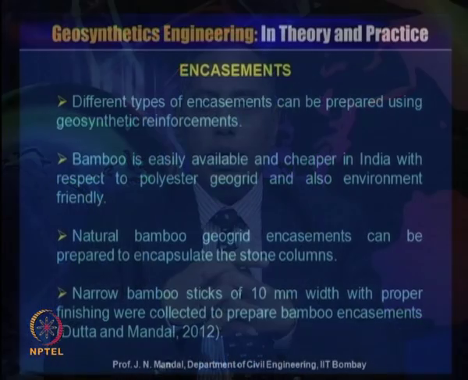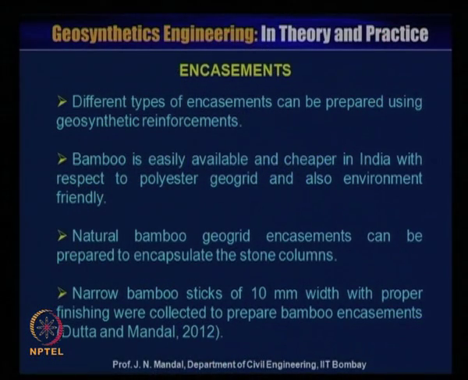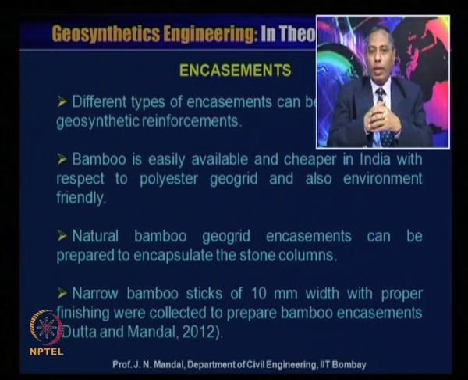So, from the encasement, different types of encasement can be prepared using geosynthetic reinforcement. Bamboo is easily available and cheaper in India with respect to polyester geogrid and also environmentally friendly. Natural bamboo geogrid encasement can be prepared to encapsulate the stone column.